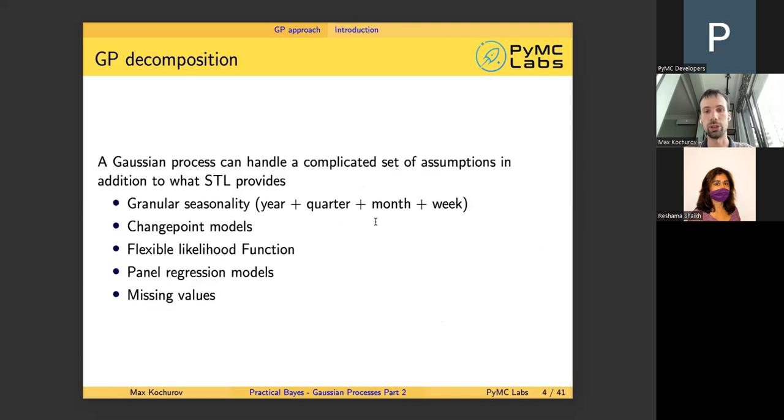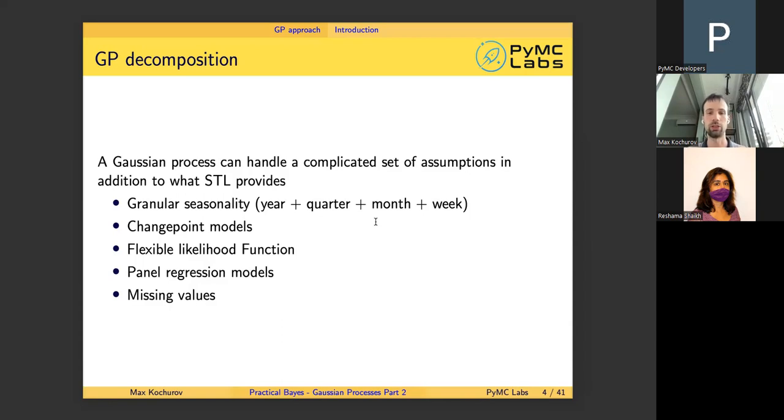With Gaussian processes, you're much more flexible in terms of what you can accomplish about the decomposition, about the effects, about trends, other variables or regressors, the error function. Many other things can be added into the building blocks of a Gaussian process.